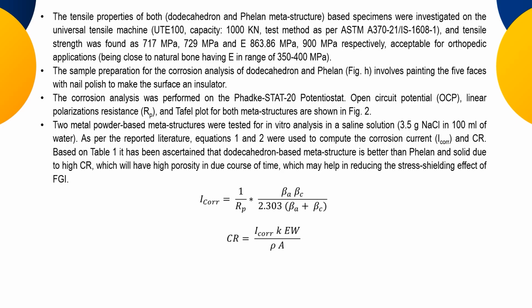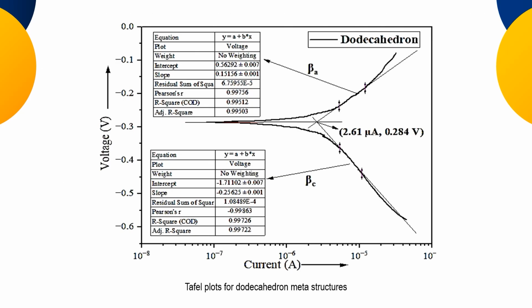The standard formula, which we have already seen, gives the corrosion current and the corrosion rate, and beta anode and beta cathode were calculated. This is the typical Tafel plot prepared for the dodecahedron, and this is for the other structure.